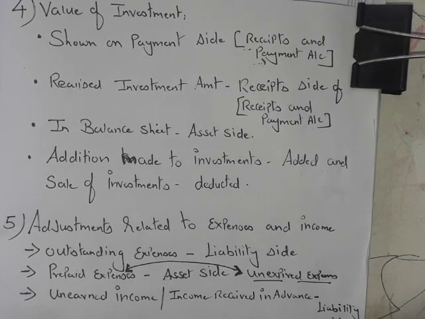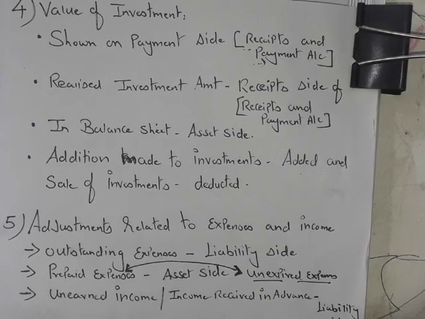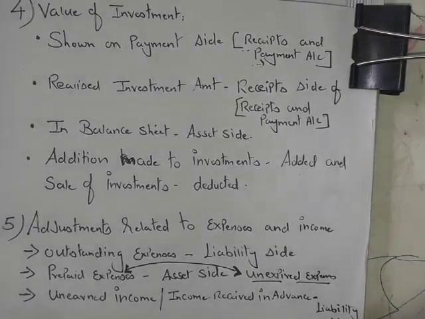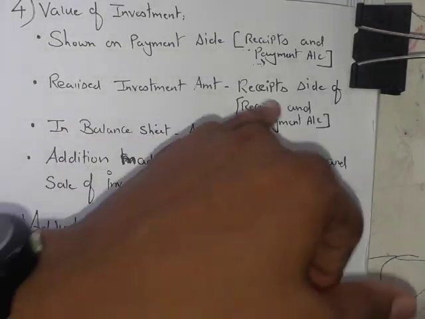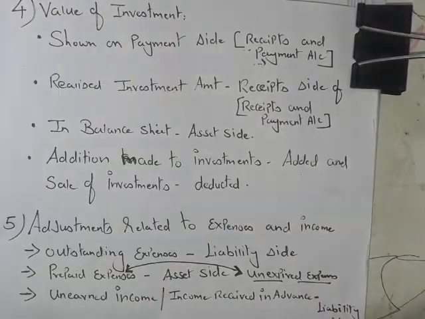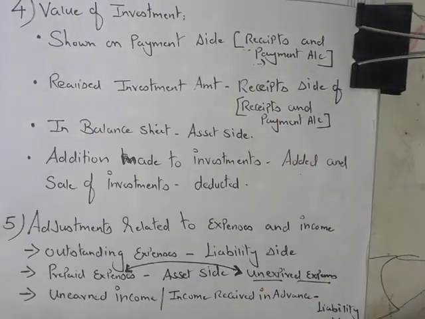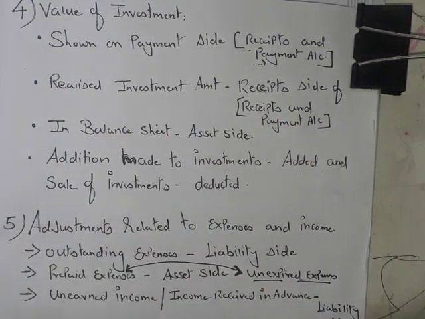So all these amounts, that is interest or the dividends on those investments, will be considered as the realized amount on investment. If there is any realized amount on the investment, then it forms part of your receipts. It is an income. So it should be shown on the receipt side of your receipts and payment account.